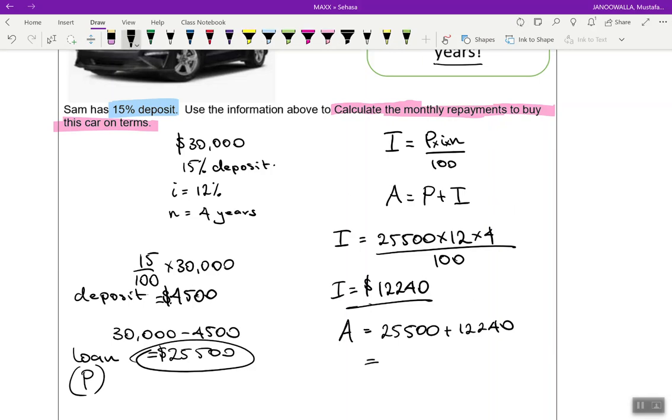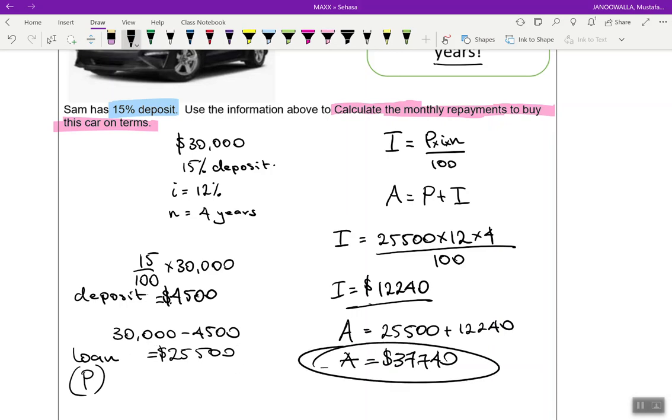And so finally we get $37,740. That is the total amount that he has to pay the bank. But let's look back at the question in pink: calculate the monthly repayments to buy this car on those terms.